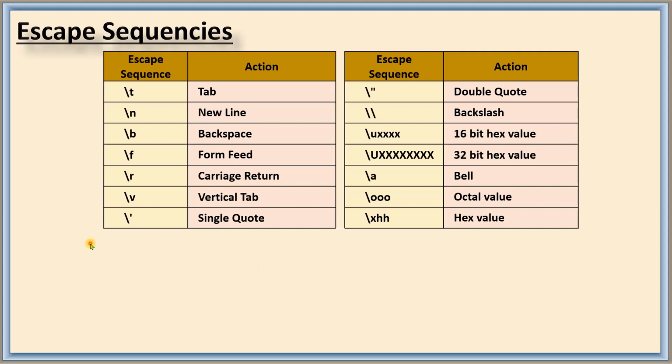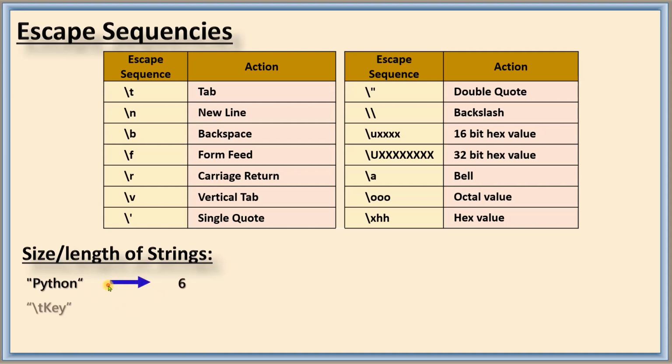Okay, let us know about the length of the string. Length of the string is nothing but the number of characters available in that string literal. For example, Python is there, P, Y, T, H, O, N. So there are 6 letters, so the length of this is 6.